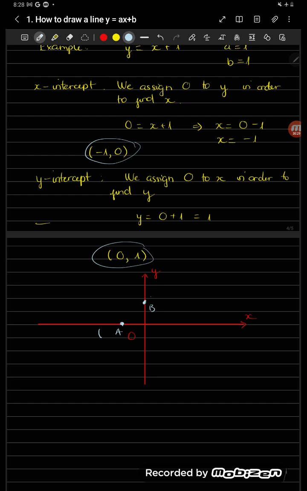So now the coordinate of A is -1, 0, and the coordinate of B is 0, 1. Okay, and now we only need to connect the 2 points. Then we have a line.